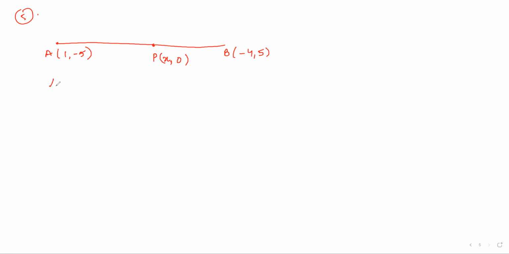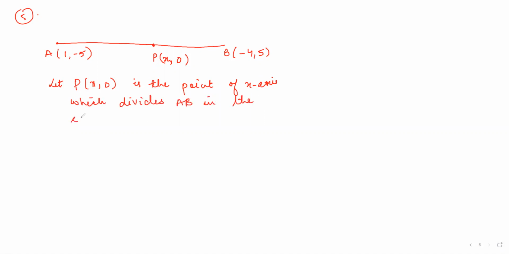Okay, so you will write: let P(x, 0) be the point on the x-axis which divides AB in the ratio k is to 1.